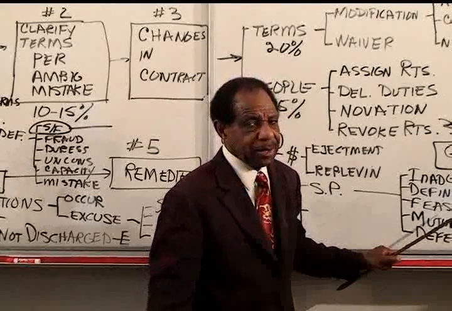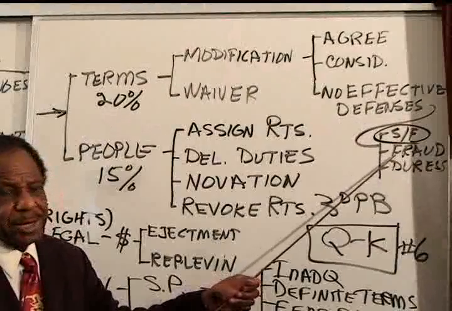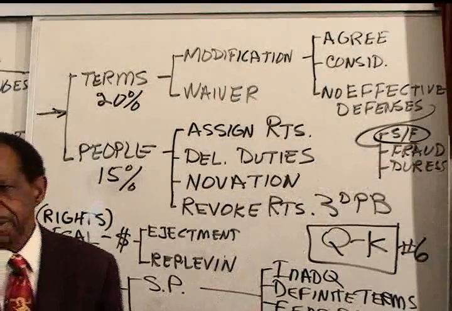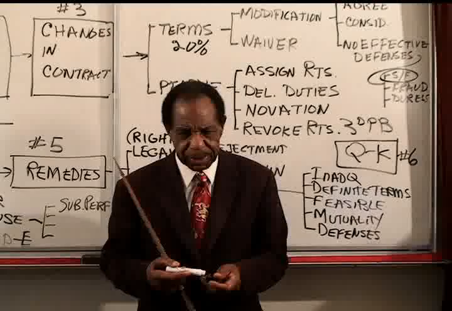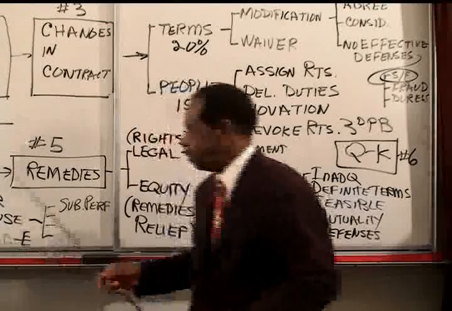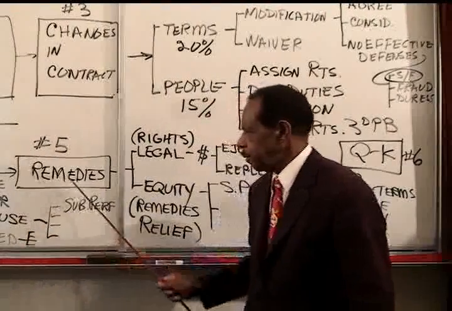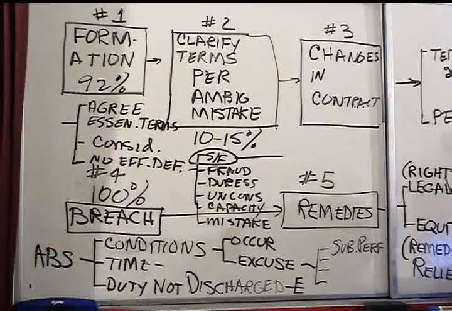So the entire modification is void. So since the modification is void, the performance is now 15 days late. There's a breach. It's 15 days late. The remedies for breach are money damages and equitable remedies.